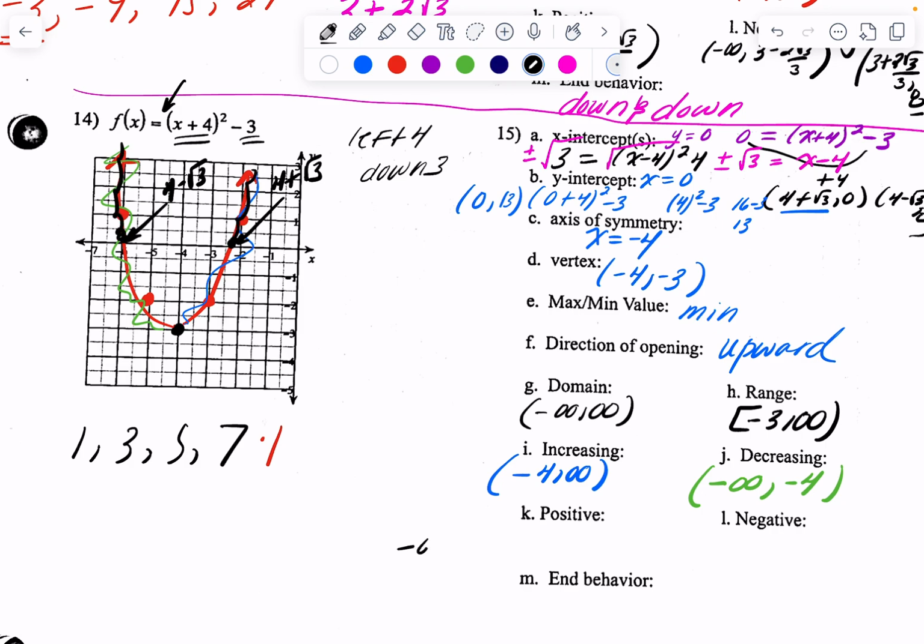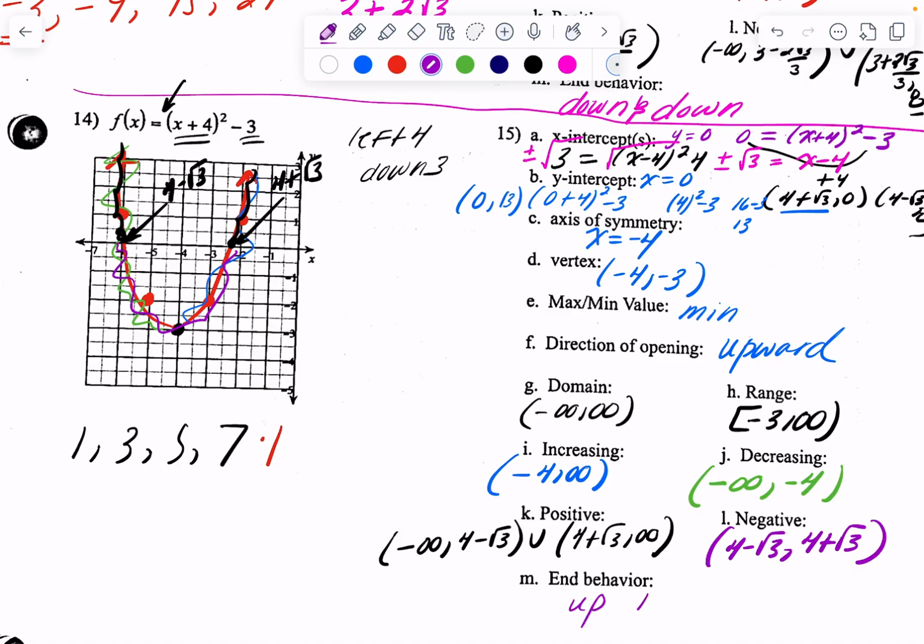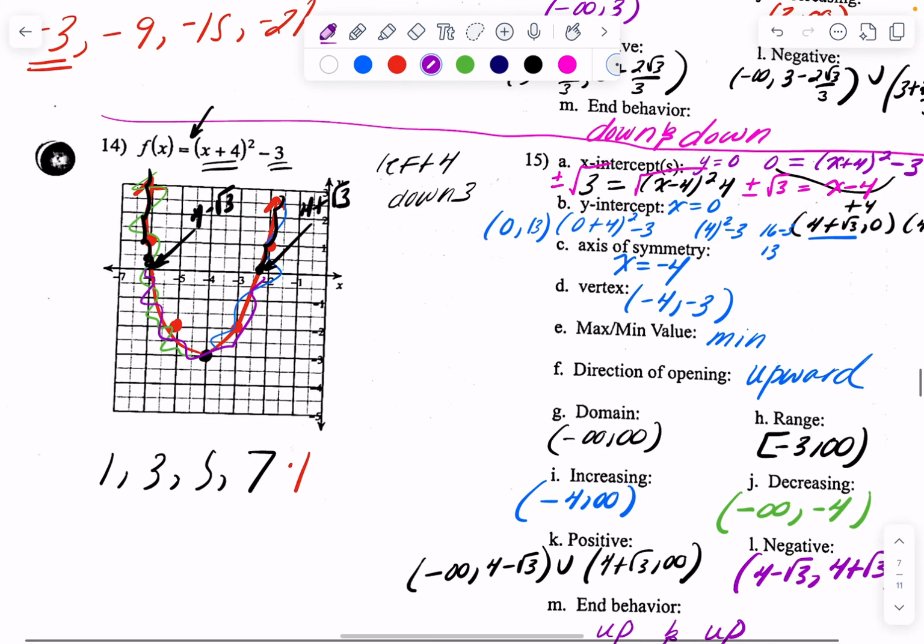So you would say from negative infinity to -4 minus root 3 union, you're also positive from -4 plus root 3 to infinity, which means we're negative from here to here. So we're negative from -4 minus root 3 to -4 plus root 3. Then our end behavior is up and up. And it looks like that's it for that one.